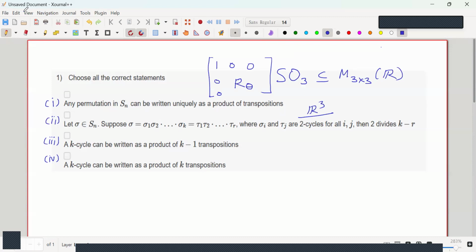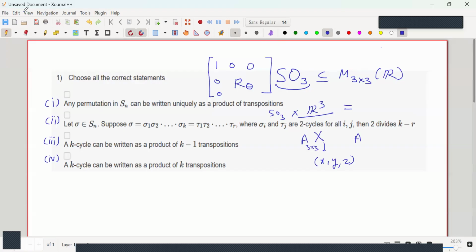Now, this group you can see as a group acting on the set R cube, and the action is through this: A is a matrix, X is a coordinate, say an X, Y, Z tuple, and A is a 3 cross 3 matrix.